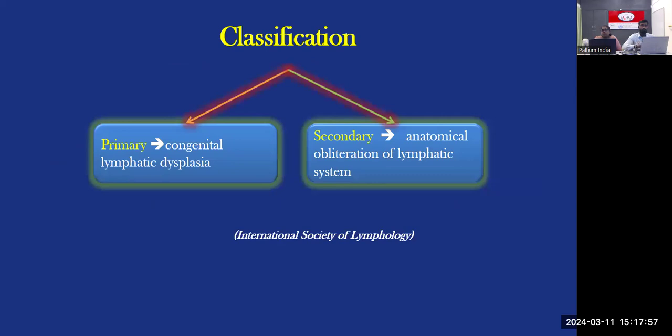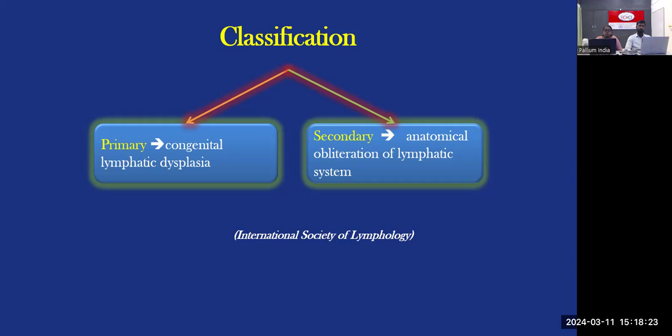Coming to the classification, according to the International Society of Lymphology, it is classified into two, primary and secondary. Primary means congenital lymphatic dysplasia. From birth itself, there is a malformation, that is primary. Secondary is again classified into two, anatomical obliteration of the lymphatic system.